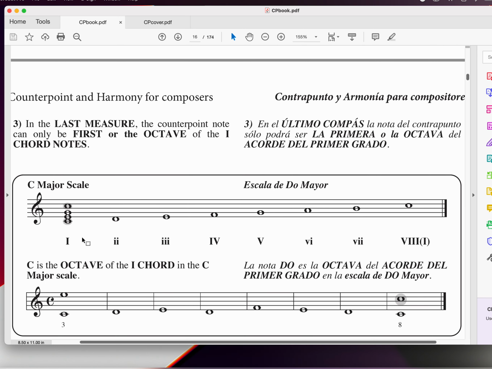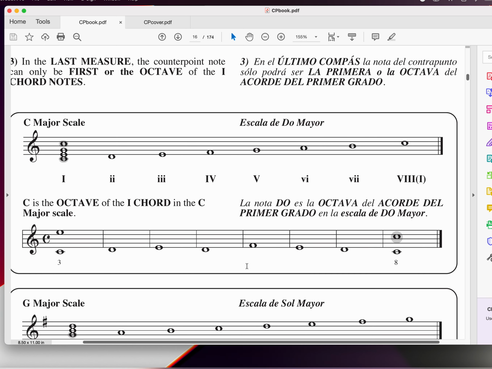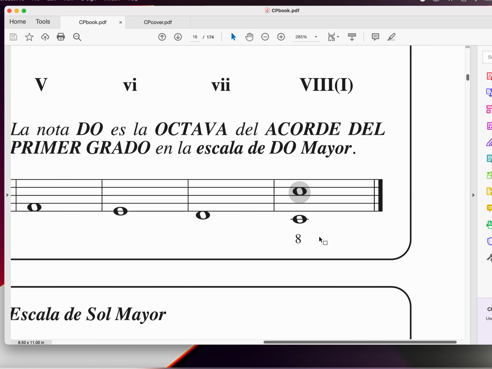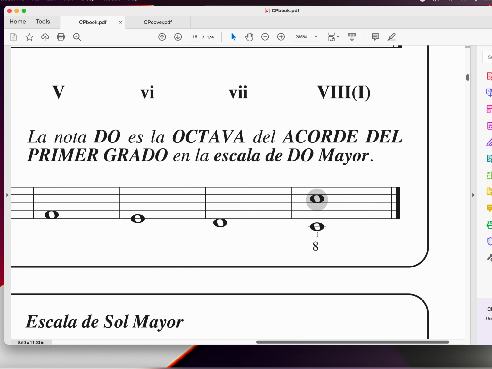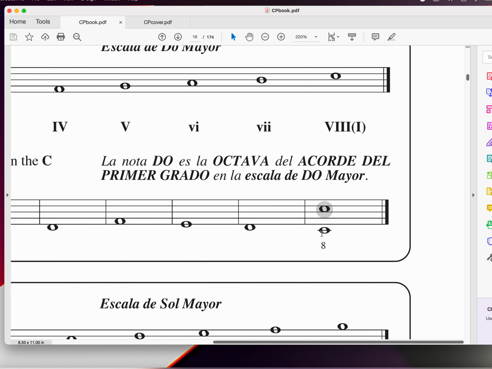Okay, now let's see another very important rule. Once we have that, let's go to the end of the melody. In the case of the cantus firmus that is in the key of C, there's only two choices.